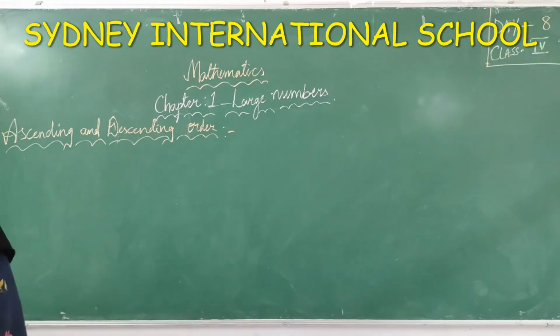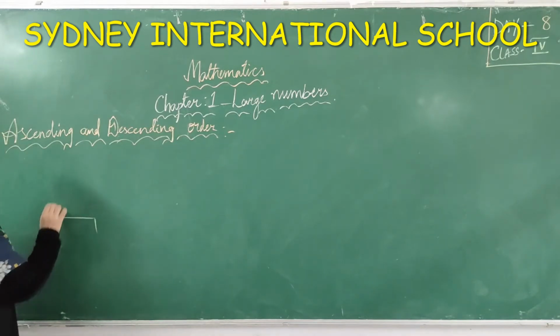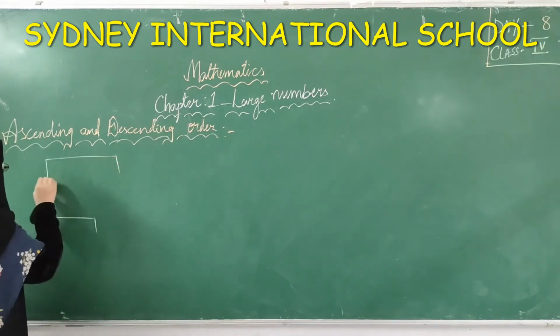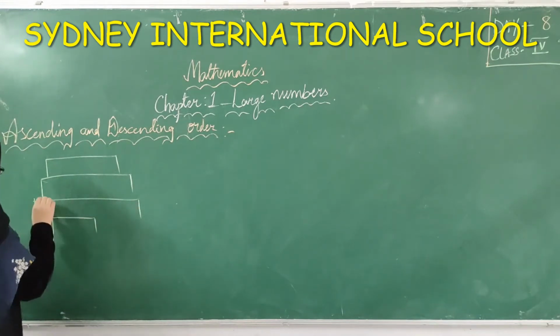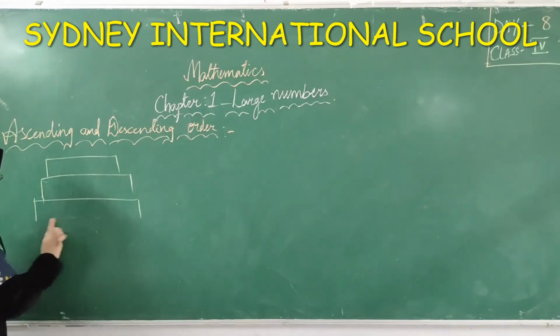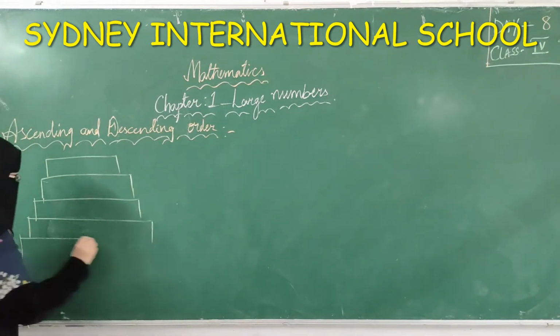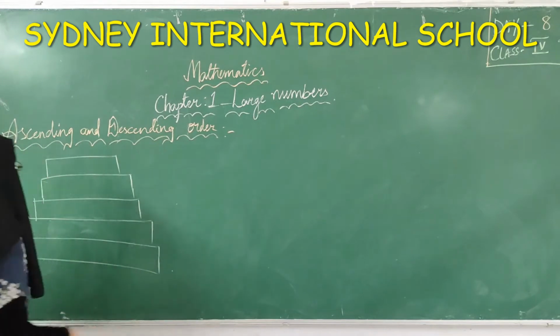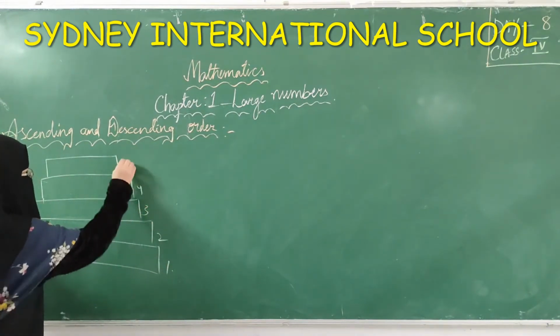When we go from ground floor to first floor, we will climb the stairs, right? Like this. Suppose like this, see 1, 2, 3, 4, 5.